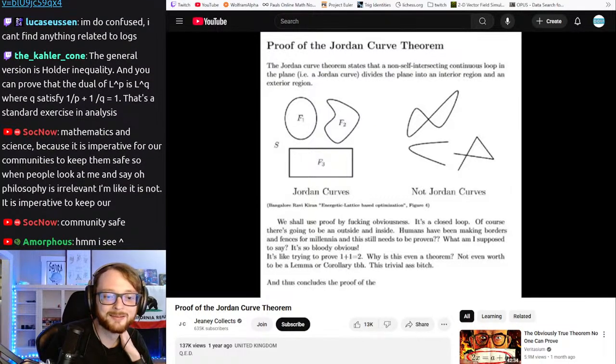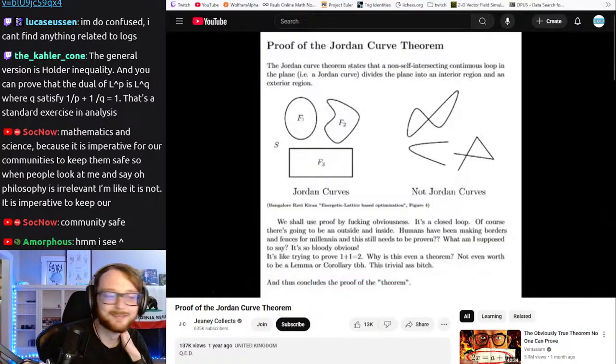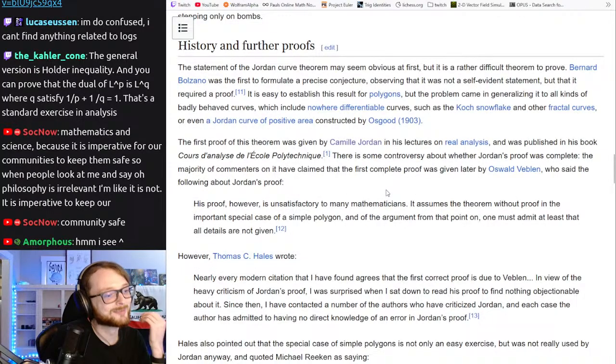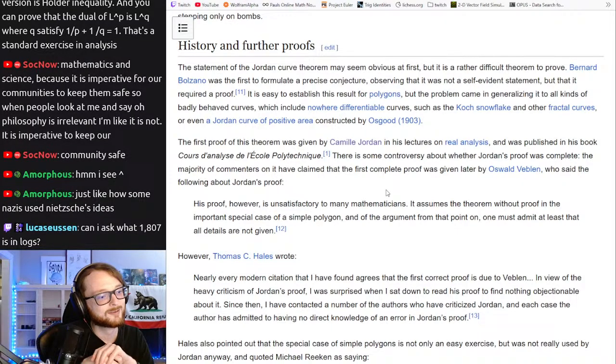Corollary. A Toyota corollary? There we go. It's a nice proof. You can't find anything related to logs? Hey, Storm. What 1807 is in logs?